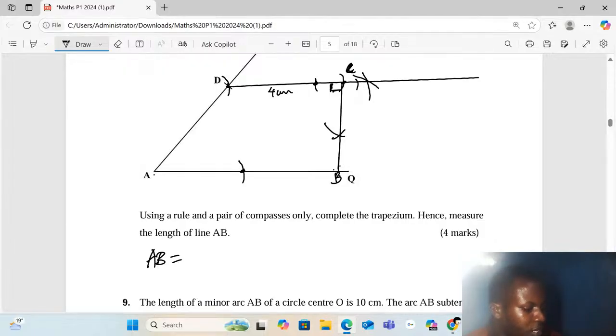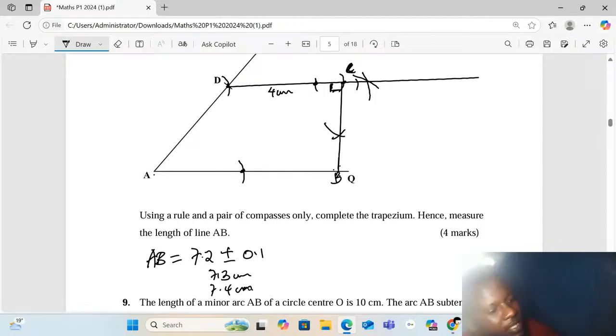When you measure, you're going to have AB to be 7.2. Therefore, we give an allowance of plus or minus 0.1. So the following answers are included: 7.3 centimeters and... sorry, 7.4 is not included.